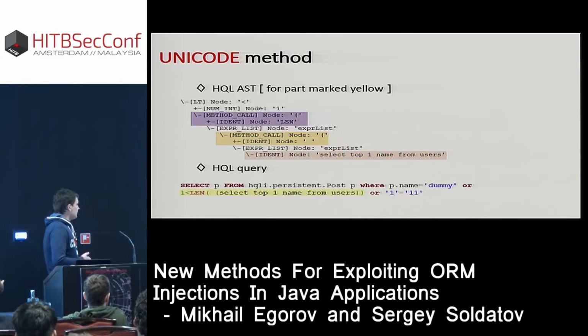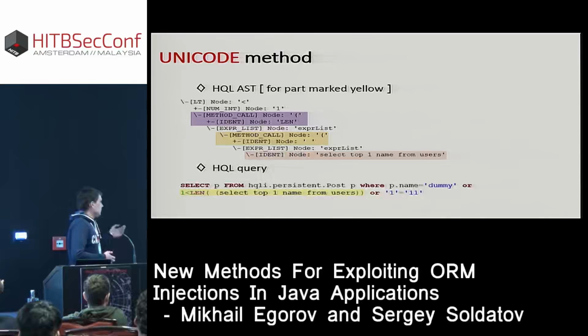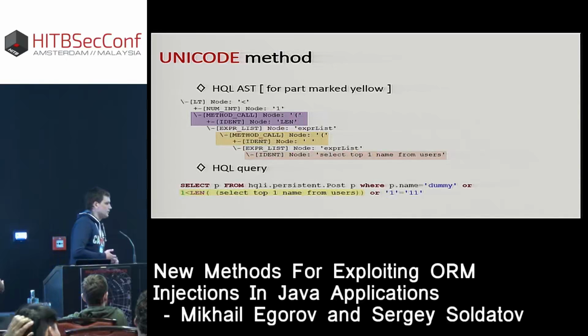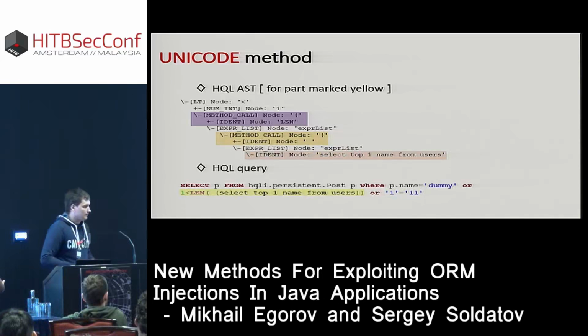And this nested function has an argument, an identifier node. In this identifier, we hide the SQL query by using Unicode delimiters. That is how we bypass Hibernate with Microsoft SQL Server.